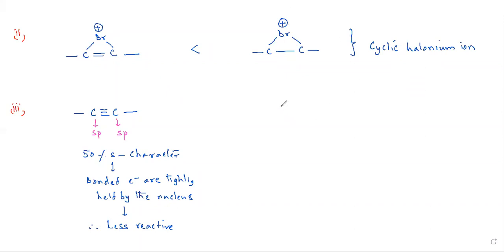Whereas when you go for alkenes, where the hybridization of the carbon atoms is sp2, with 33.33% s character, the bonded electrons are not that tightly held by the nucleus.